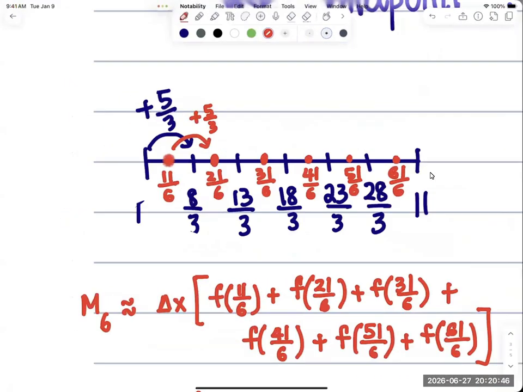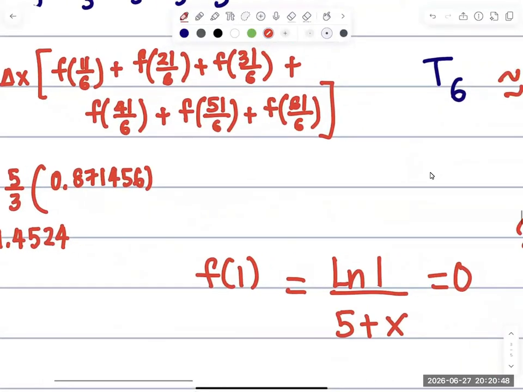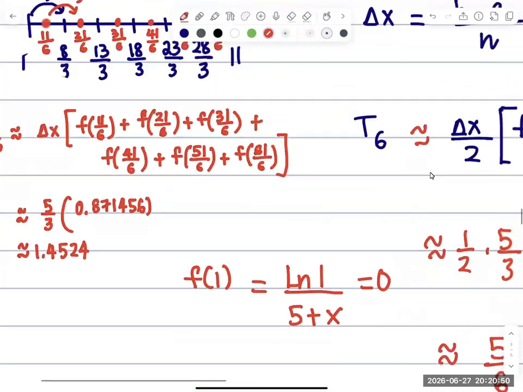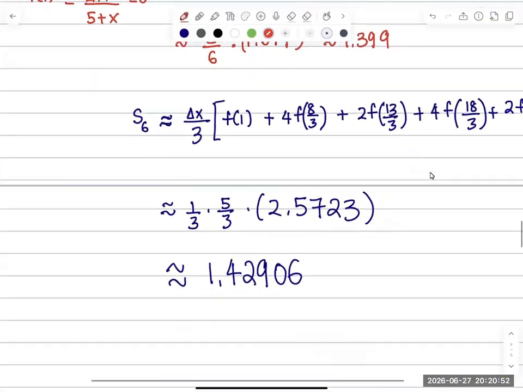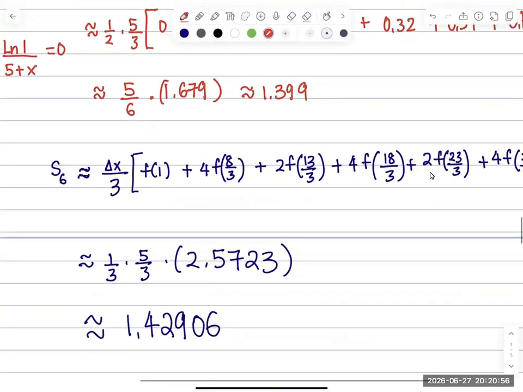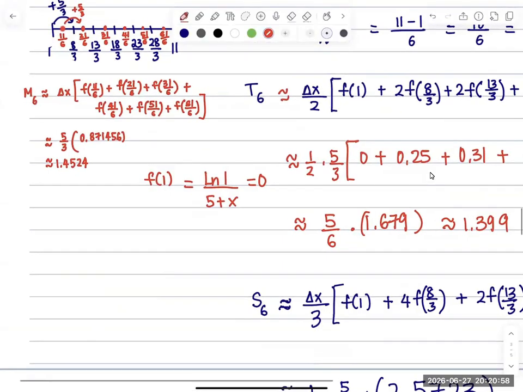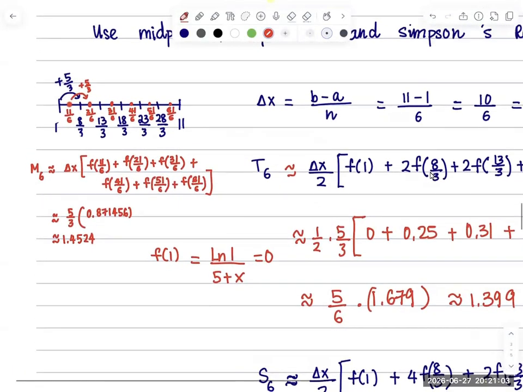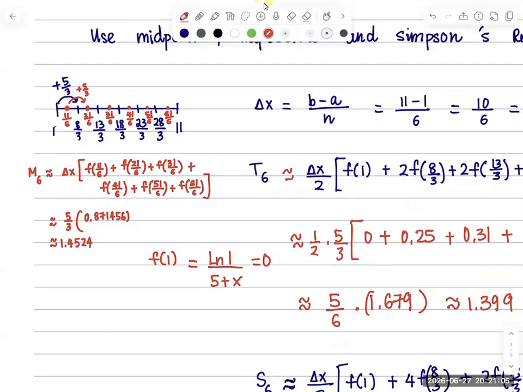Okay, so that is my midpoint rule. And you can see midpoint, trapezoid, and Simpson, the values are really close to each other. However, they're not going to be the same. They are close to each other because they are 3 different techniques to estimate. But this is what we're going to do. Okay.